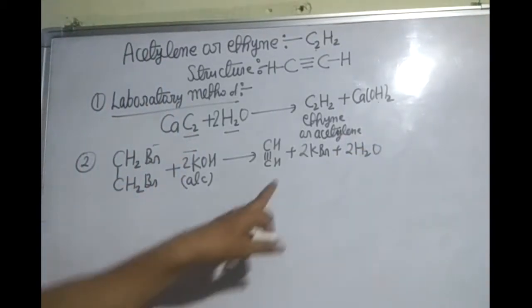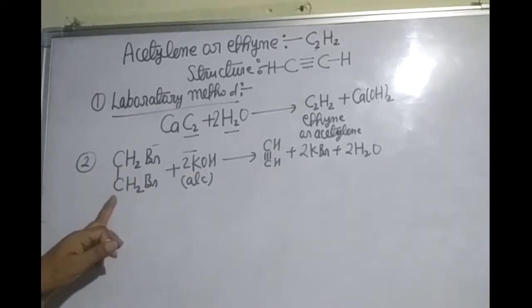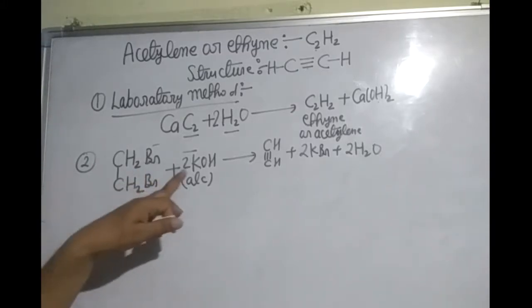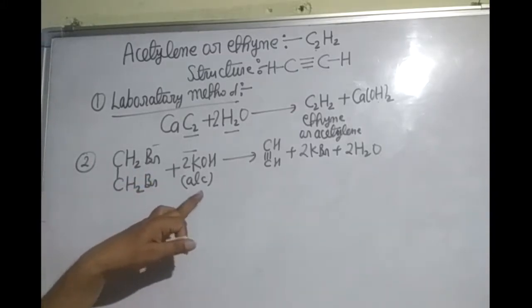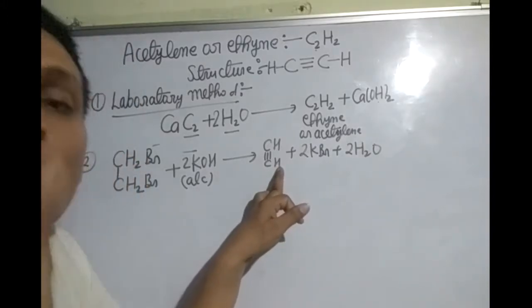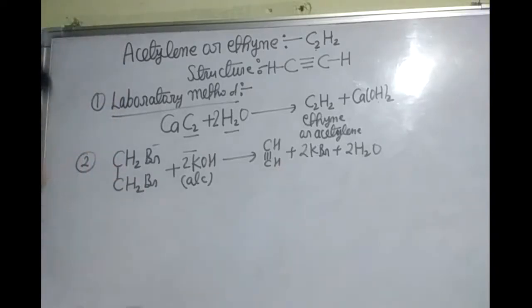When 1,2 dibromoethane is boiled with alcoholic potassium hydroxide solution, then ethine, IUPAC name, or acetylene, common name, is formed. Acetylene or ethine is discovered by Wilson.